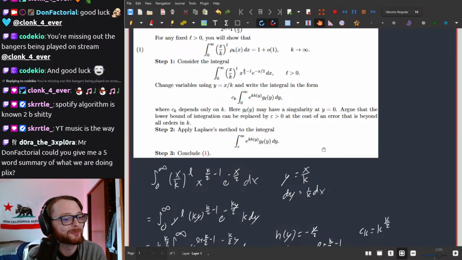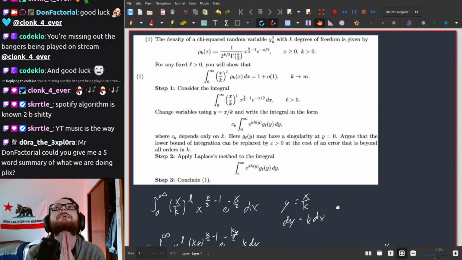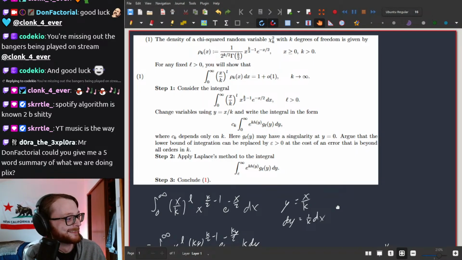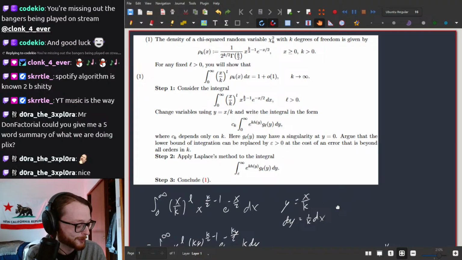Dora, a 5-word summary. Okay, I can do this. Okay, estimating integrals with few terms. There you go. Why use many word when few word do trick?